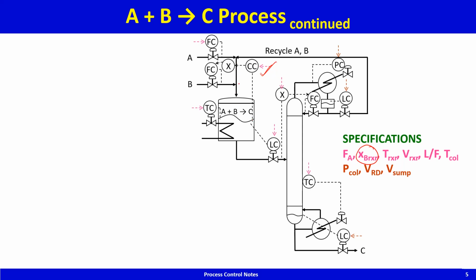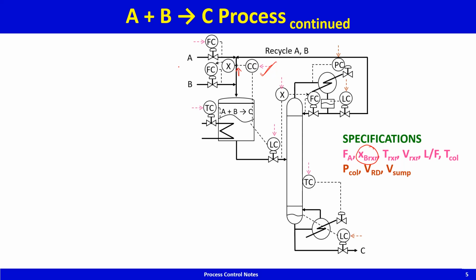So if the B composition starts going down, what the composition controller will do is increase this ratio, and therefore more B will be brought in and the B composition will get back, and A to B ratio will then be brought back to stoichiometric, to exactly stoichiometric. Alright, so there is no drifting mode in this.